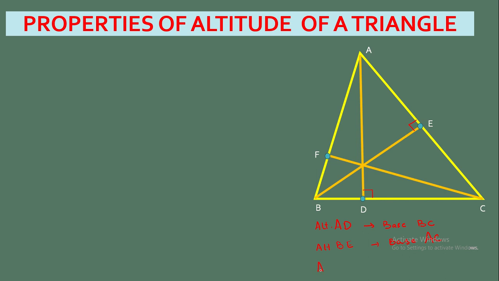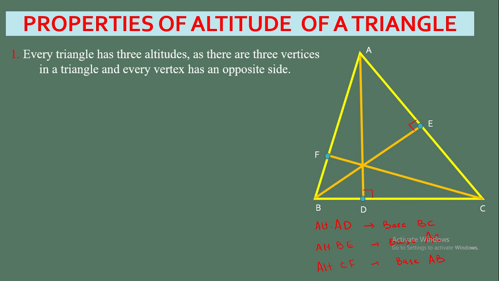And if we consider CF as the altitude, then the base will be its opposite side, that is AB. That means the base changes as per the altitude. So every triangle has three altitudes, as there are three vertices in a triangle and every vertex has an opposite side.